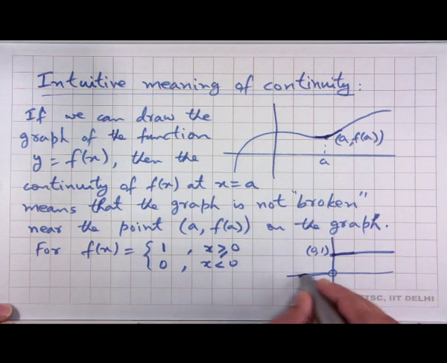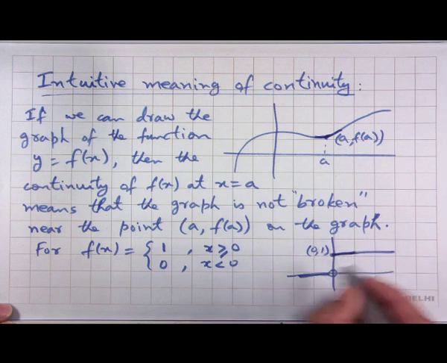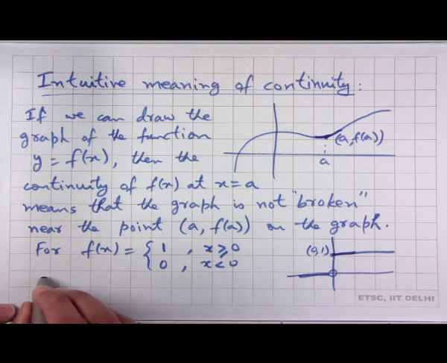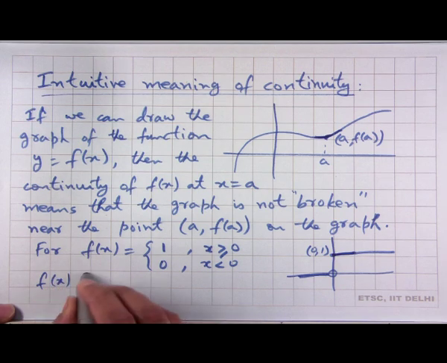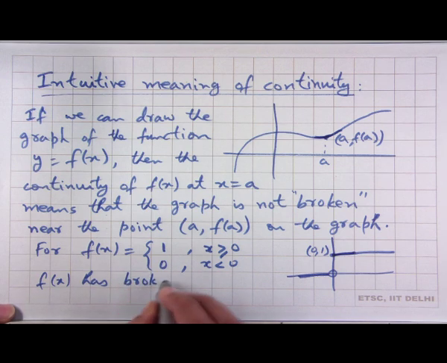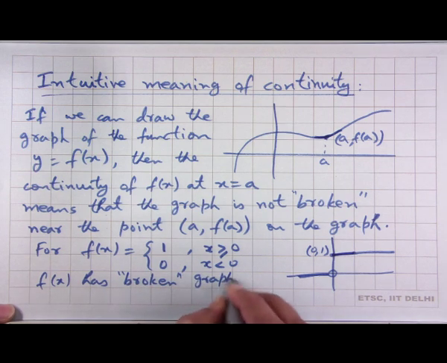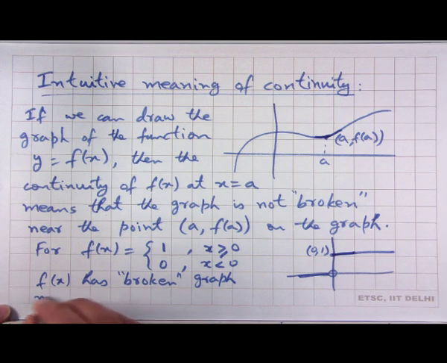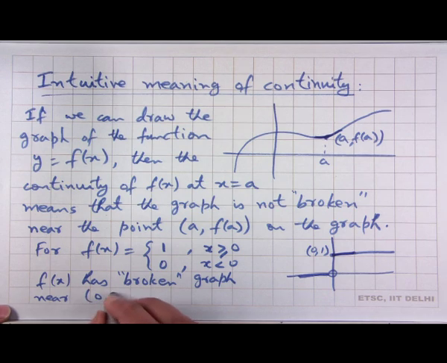So, you cannot have this not broken for this function. So, here you see that the graph of f of x has a broken graph near 0 comma 1.